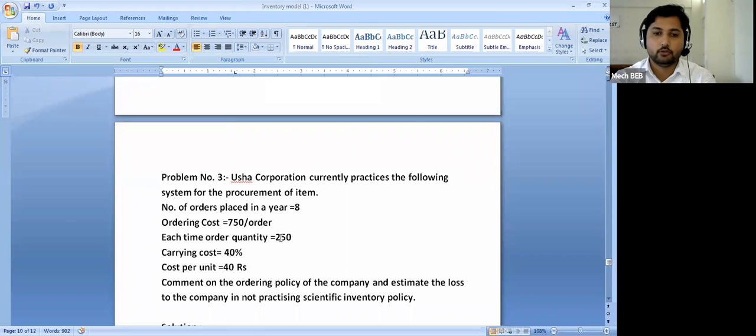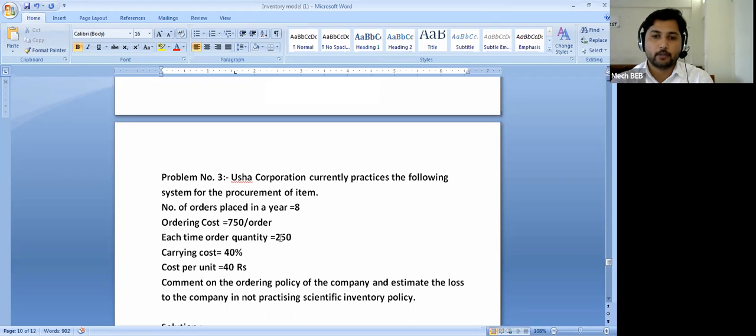Each time order quantity is equal to 250.